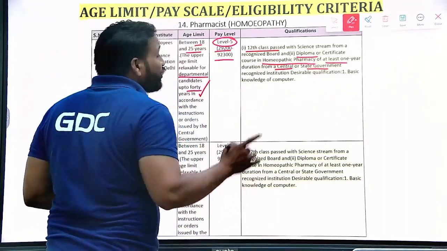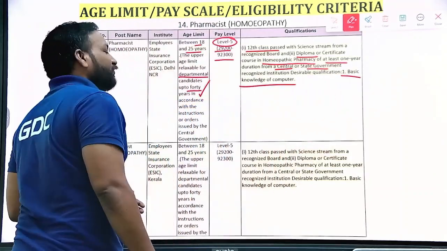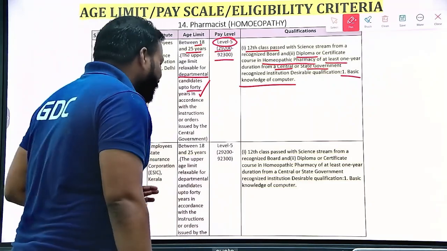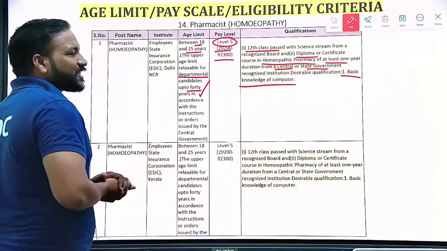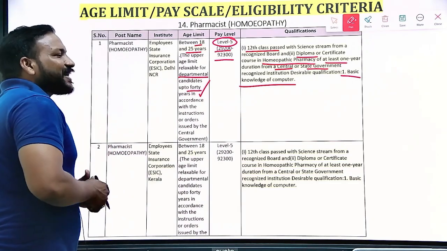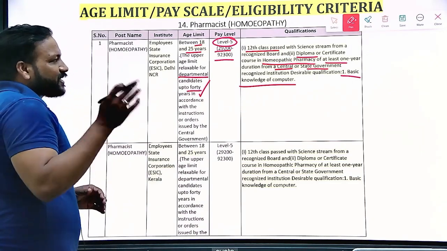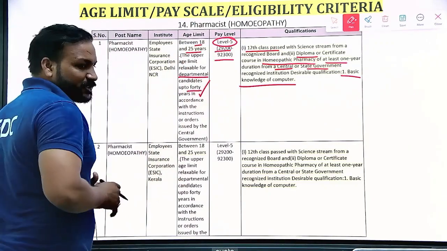Basic computer knowledge is also a desirable qualification. So for homeopathy pharmacist in ESIC, they are seeking candidates with 18 years minimum age and 25 years maximum age.